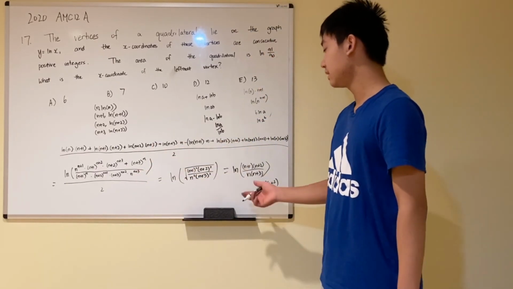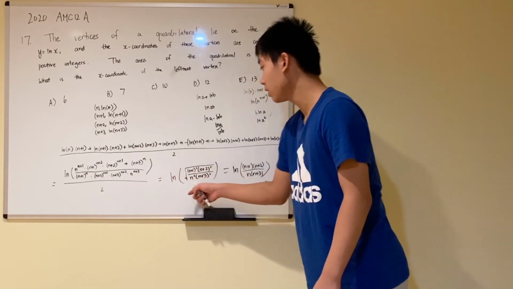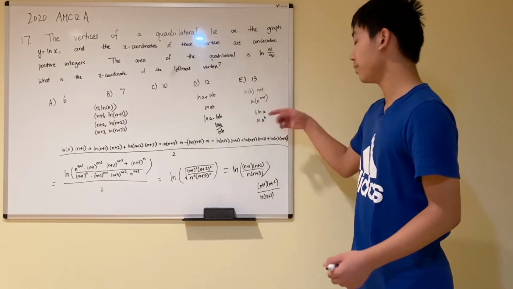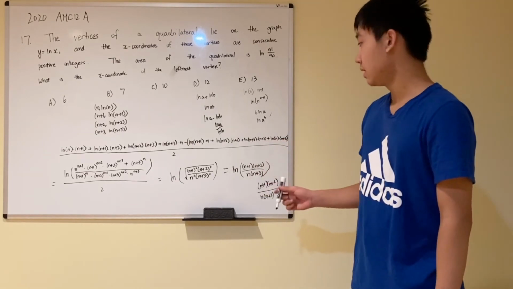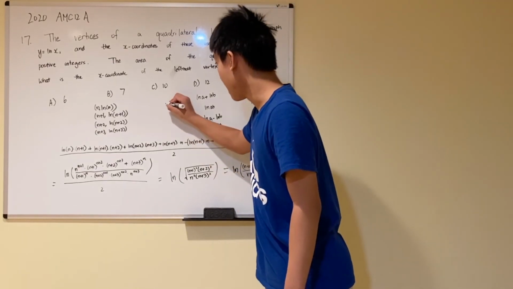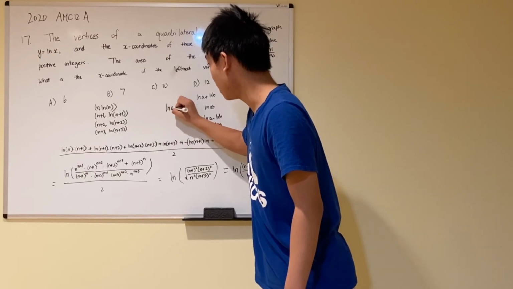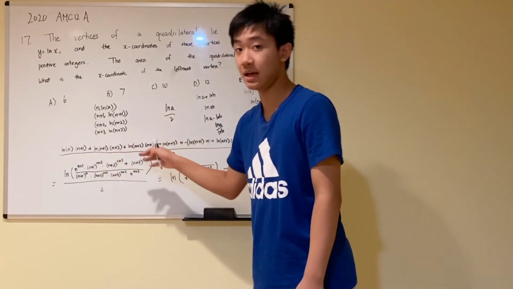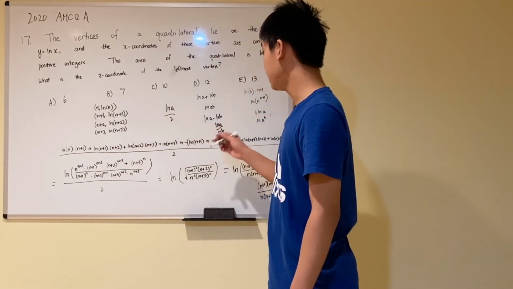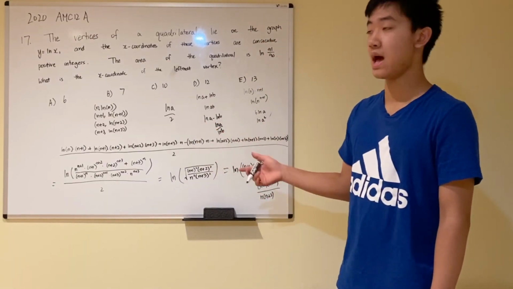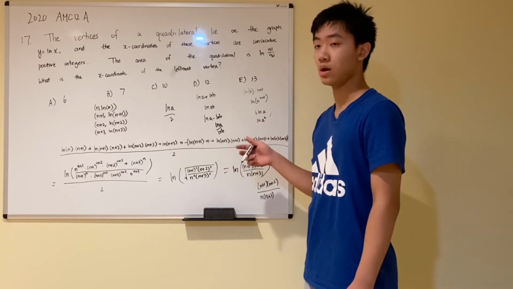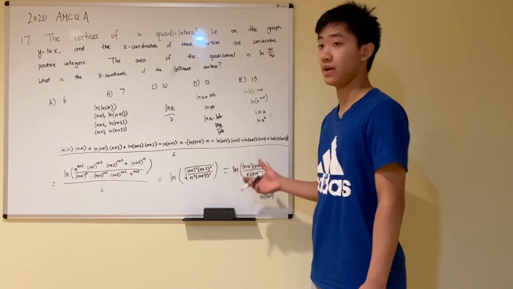To get from here to here, I just reapplied the property of exponents. If you have ln a over 2, let's call this entire thing a. Then ln a over 2 is equal to 1/2 ln a, which is also equal to ln a to the 1/2, which is ln of the square root of a.